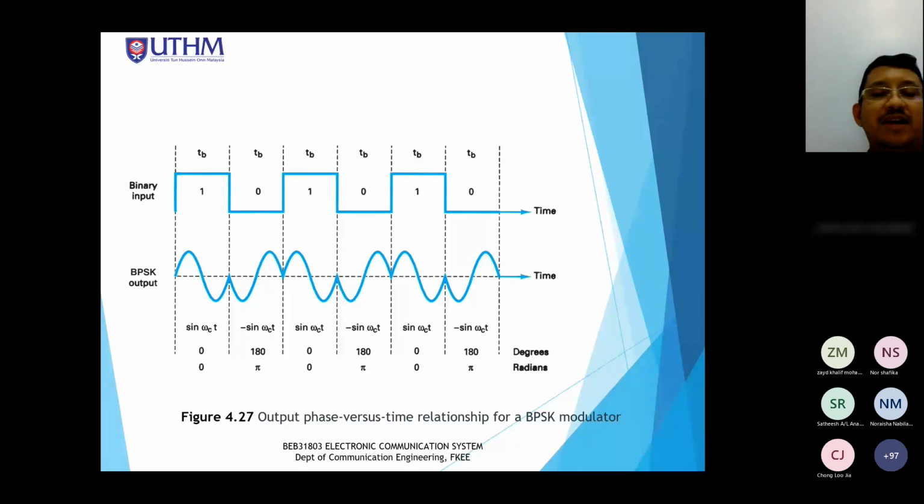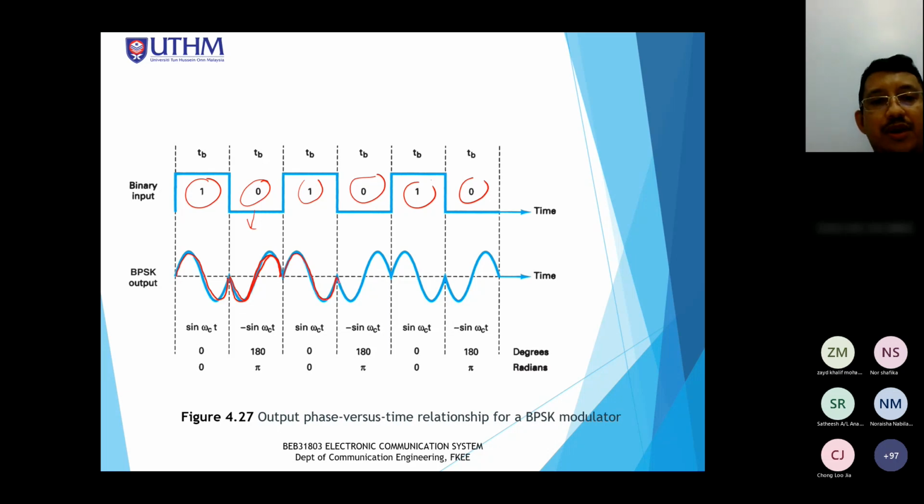So here is the BPSK waveform. So we have the input logic 1, input logic 0, 1, 0, 1, 0. Remember, for input logic 1, we will produce positive sine. Input logic 0 will produce negative sine. Input logic 1, positive sine.